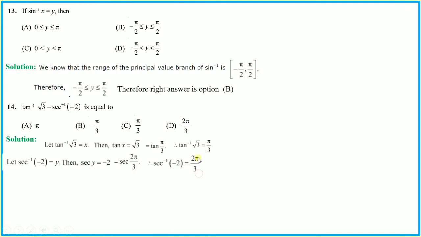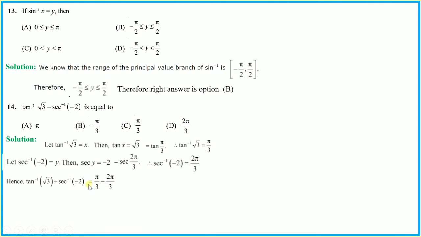Now we put the value of sec inverse minus 2, which is 2 pi by 3, and the value of tan inverse root 3 into the question we have written here, and then we will go for the solution.